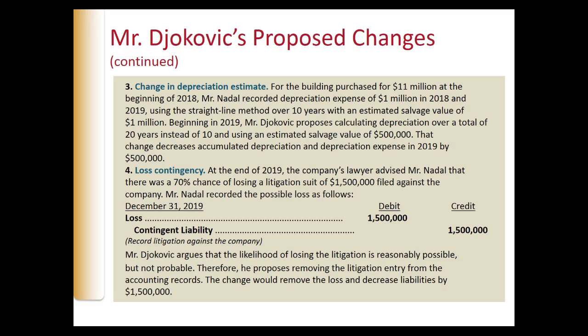But Mr. Djokovic argues that the likelihood of losing that is reasonably possible, but not probable. Therefore, he wants to remove the litigation entry from the accounting records. The change would remove the loss and decrease liabilities by $1,500,000.